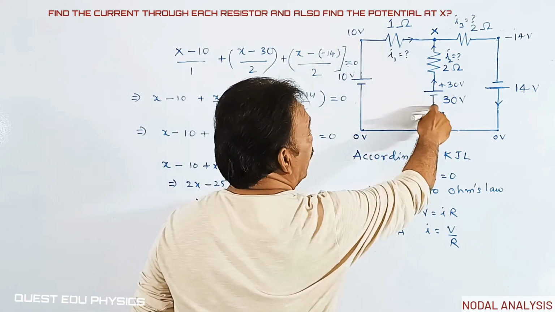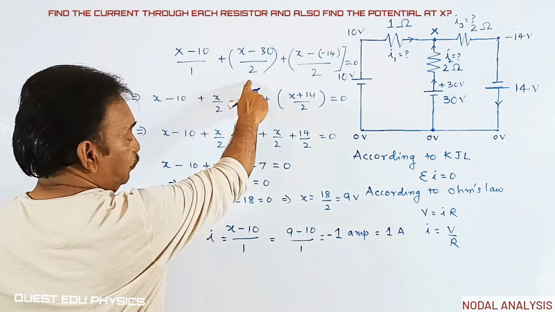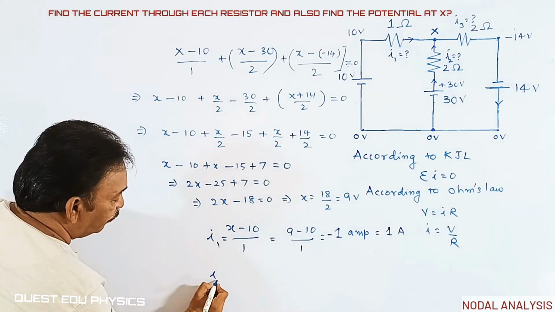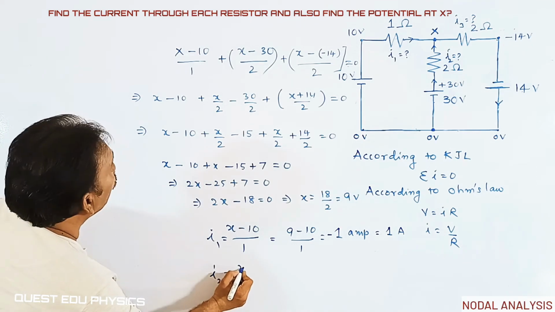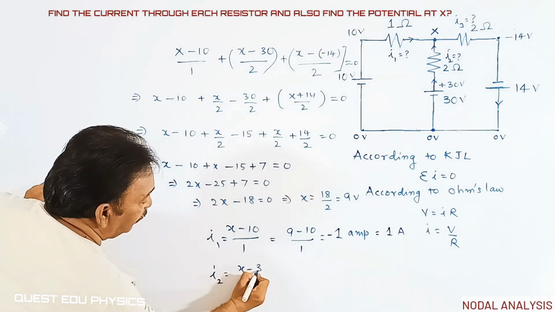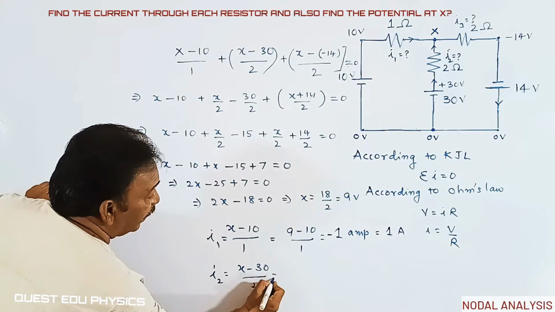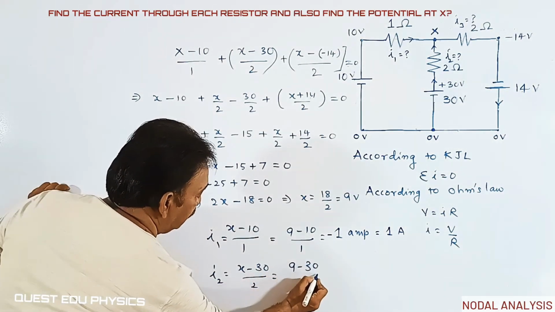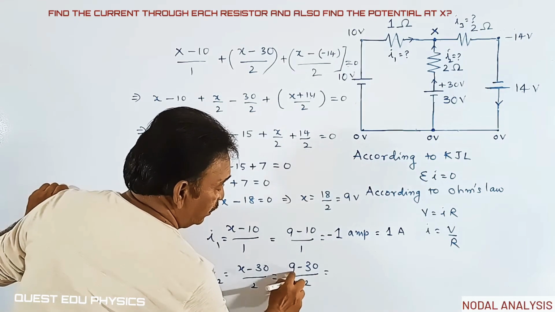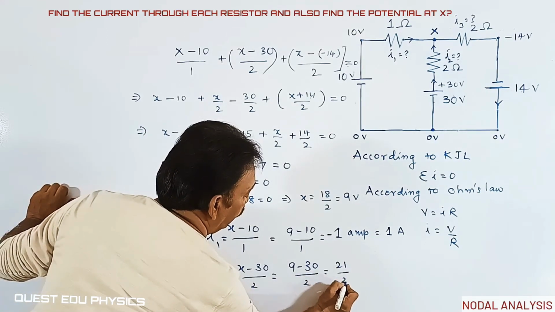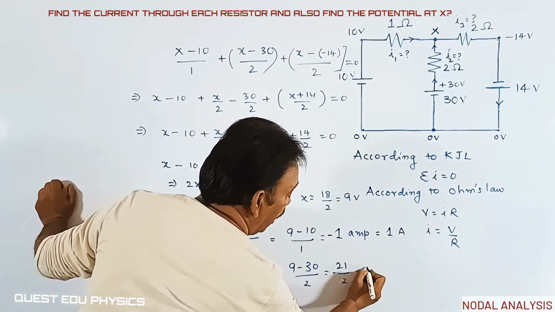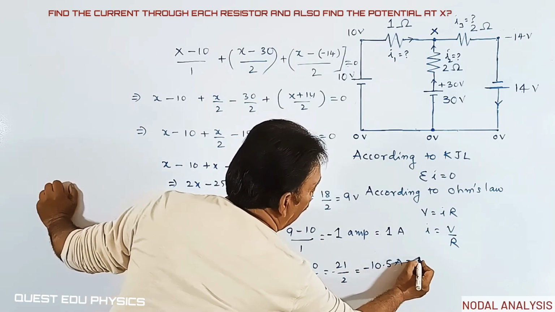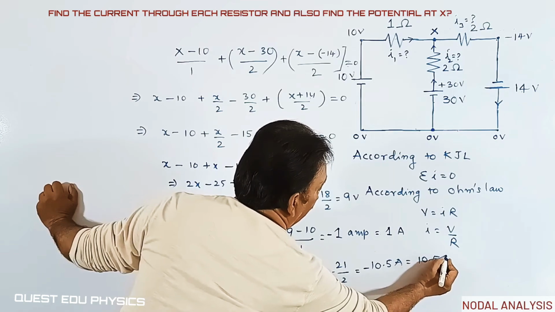Okay, students. Then we choose the second one. I2 is equal to (x − 30) by 2. X is equal to, already we got 9, so (9 − 30) by 2. It is −21 by 2, which is −10.5 ampere, and we take it as 10.5 ampere.